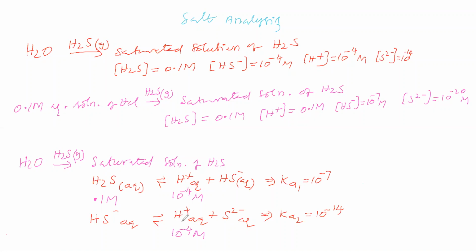Do we write the same value or a different value? What do you say? Here, we have taken water, we are passing H2S gas, and we are getting a saturated solution. In the saturated solution, two equilibria are possible. One equilibrium is this one, another equilibrium is this one.